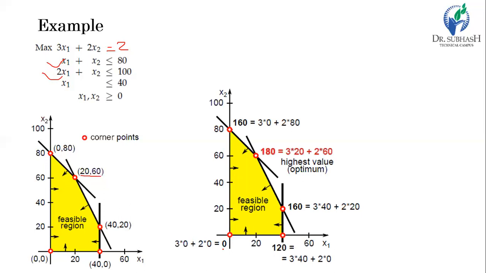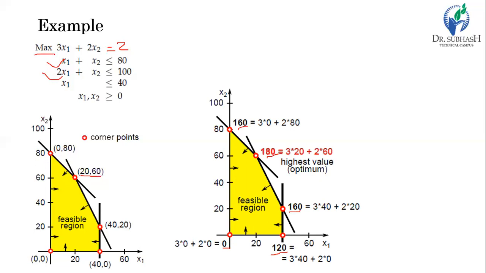At this point the value of z is 0, at this point z is 160, here z is 180, here z is 160, and here z is 120. Now, after getting all these solutions, we require the optimal solution, and the optimality condition, as per the given problem, is maximization.